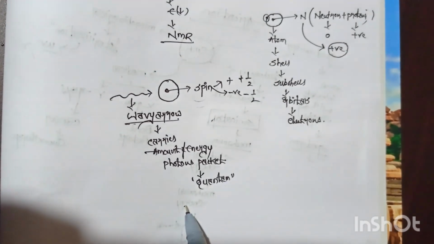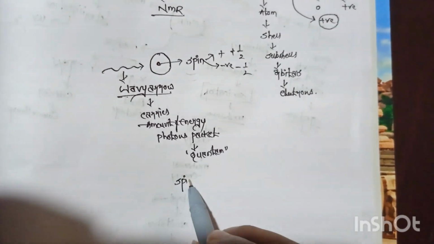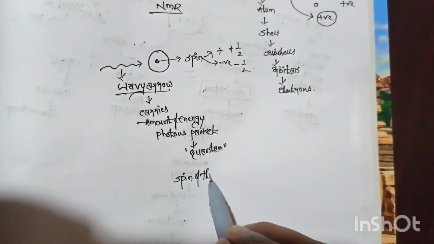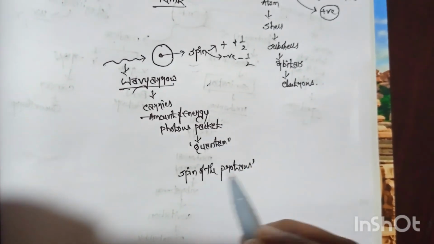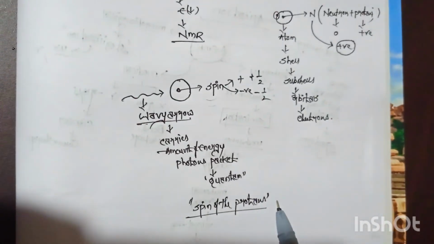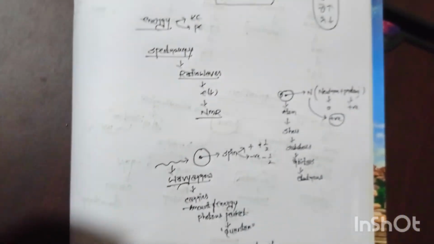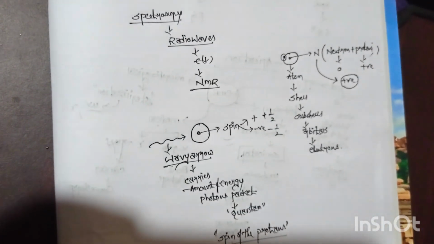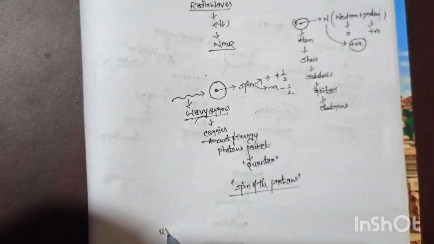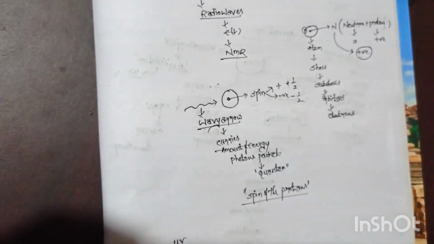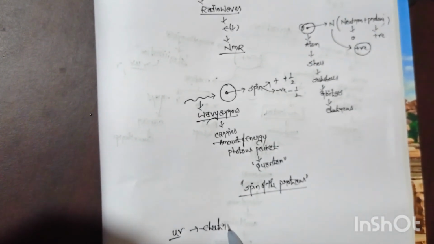The spin of the protons will be estimated in NMR spectroscopy. So when compared to UV, what happens is electronic transitions take place.